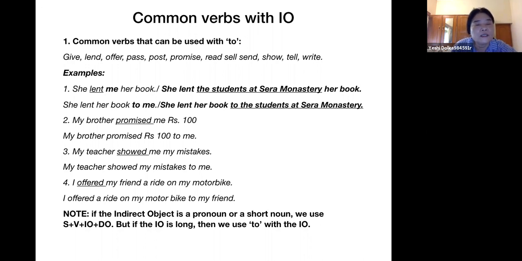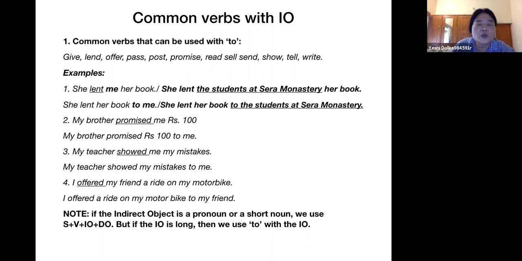Okay, now in the same way, if you look at sentence 2, my brother promised me 100 rupees. My brother promised me 100 rupees. My brother promised 100 rupees to me.